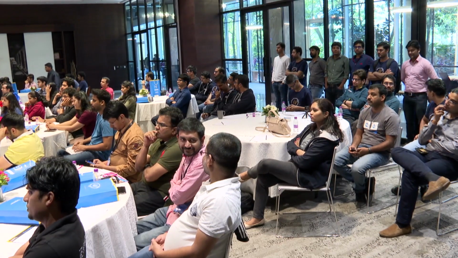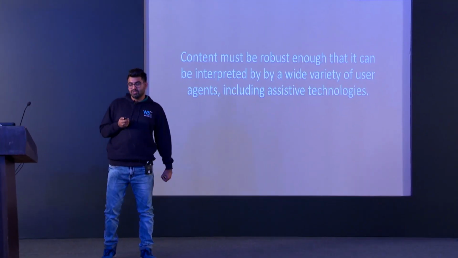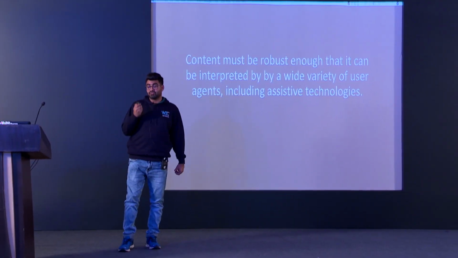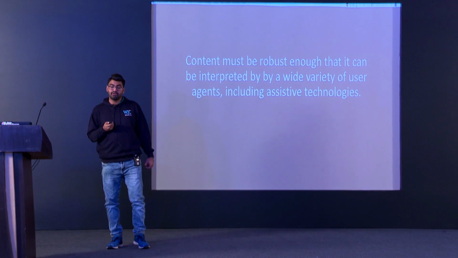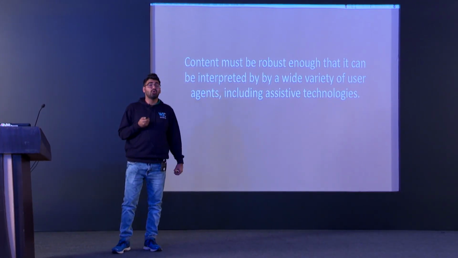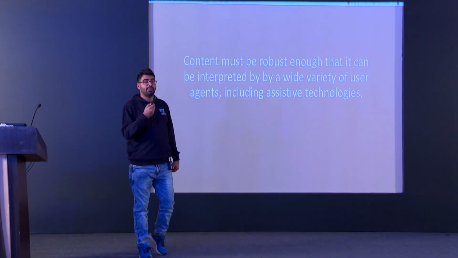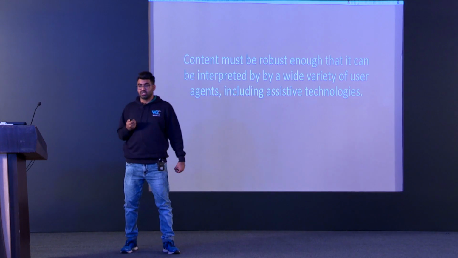The last principle we have is called robust. Now, robust is very simple and very difficult, and you will get why I'm saying so. The robust principle says content must be robust enough that it can be interpreted by a wide variety of user agents, including assistive technologies, which means you are preparing your websites for the future.